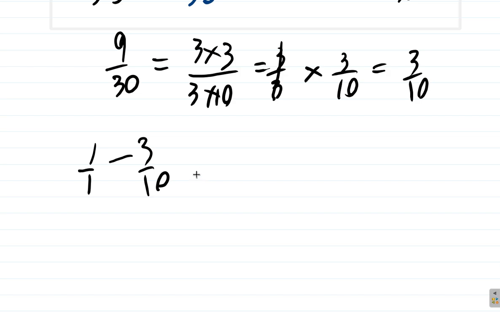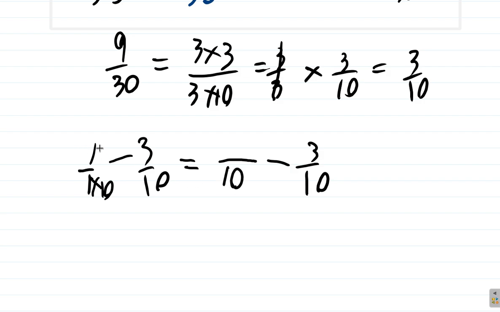Common denominators again. So what you have here is something minus 3/10. You want something over 10 minus 3/10. If you multiply the denominator by 10, you get something out of 10.